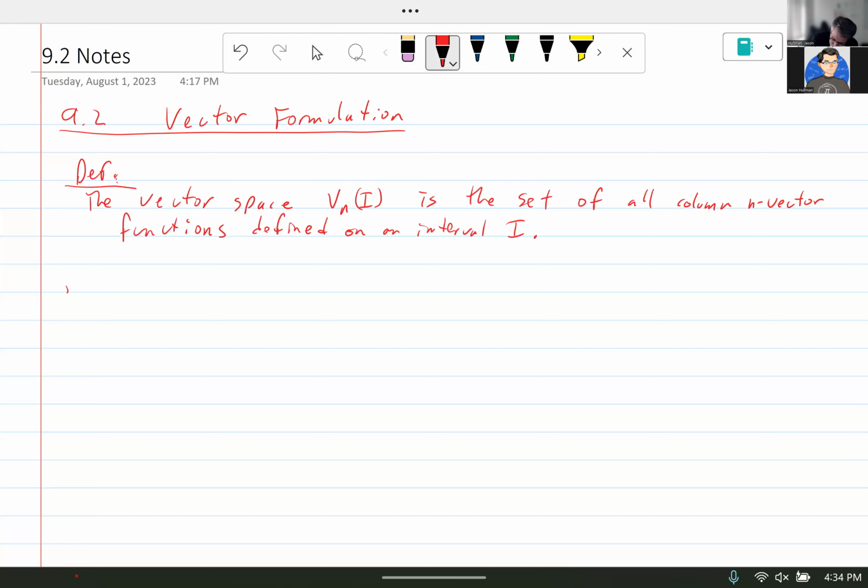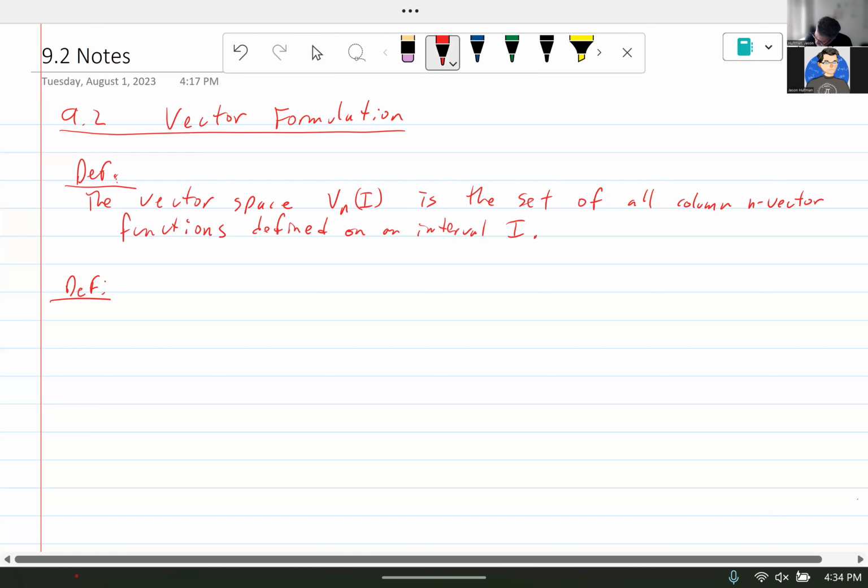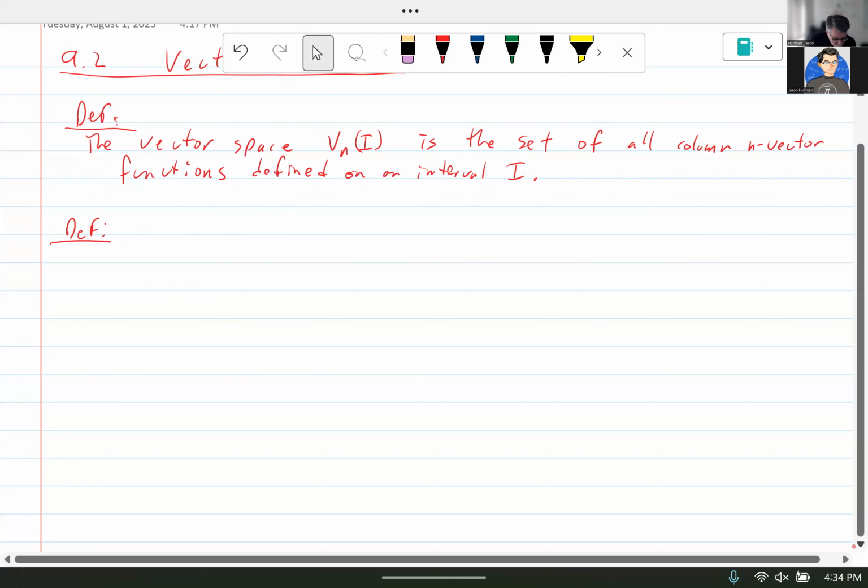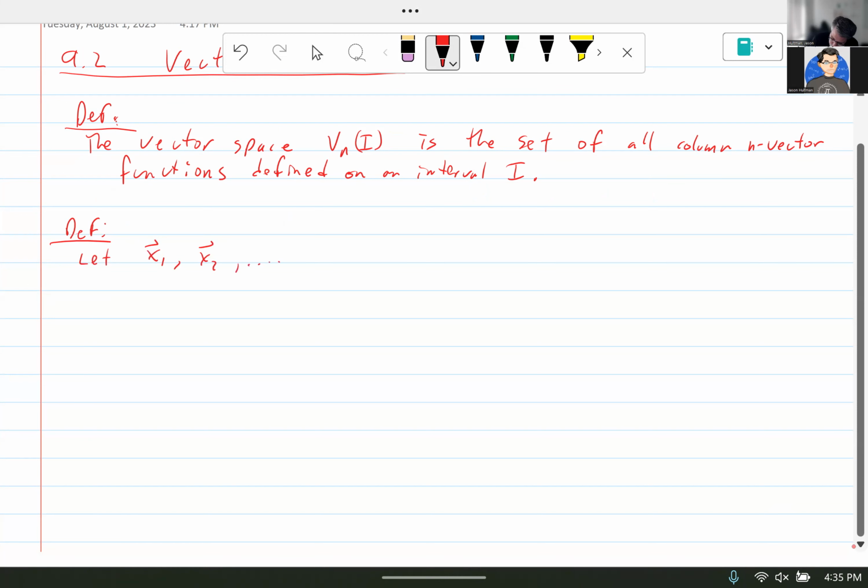Okay, next definition. Let x1, x2, ... xn be vectors in VnI.